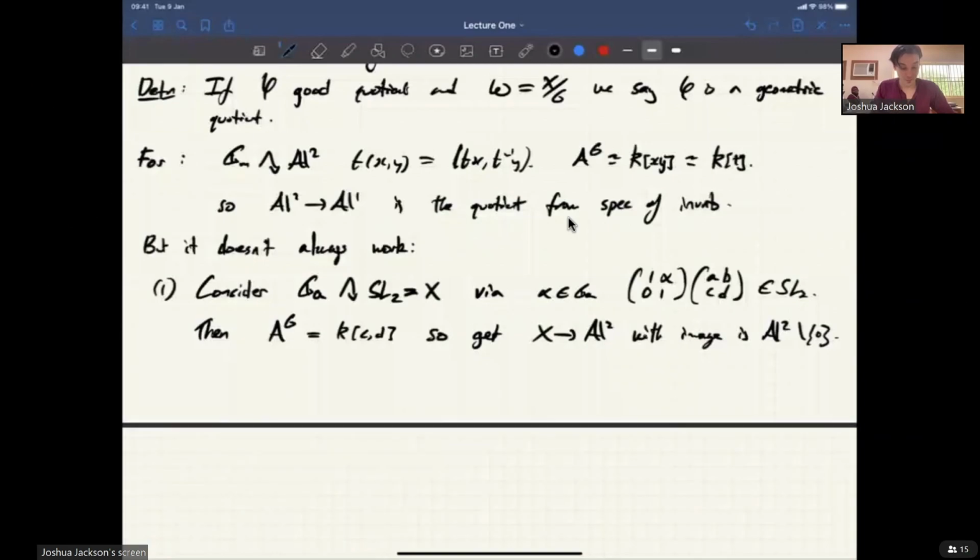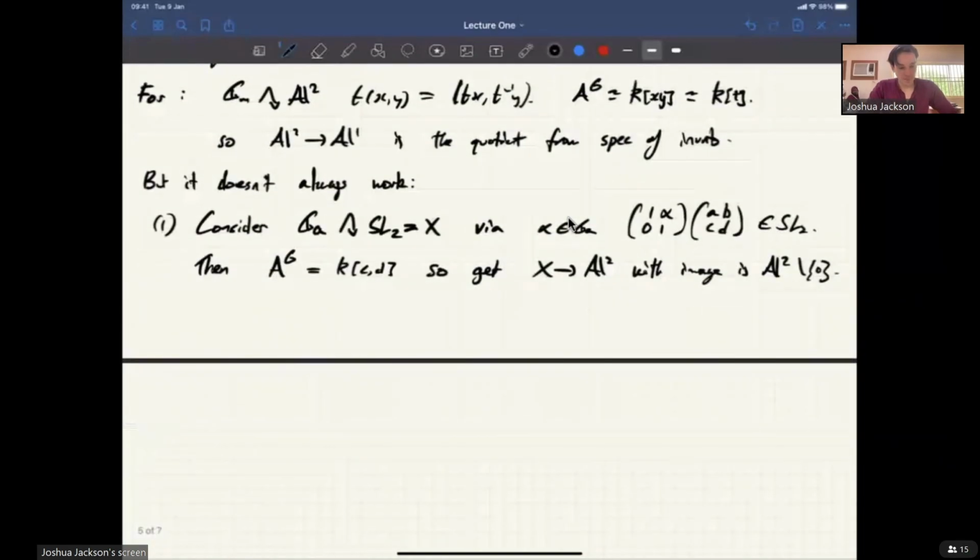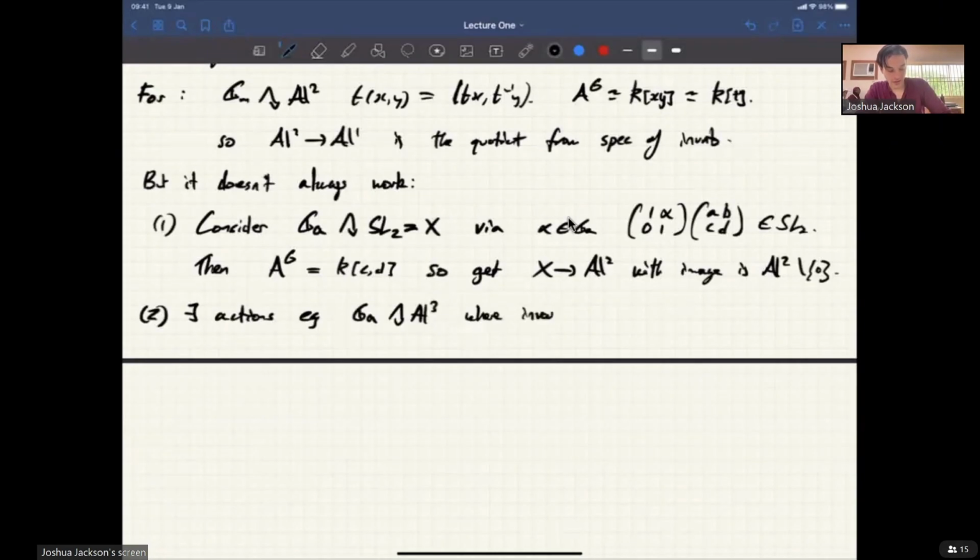That's pretty bad. Okay. And then one other thing, which I won't give you an example of, but this is just going to tell you that this is something that can happen. There exist actions, for example, of G_a on A^3, let's say, where invariants don't separate closed orbits.